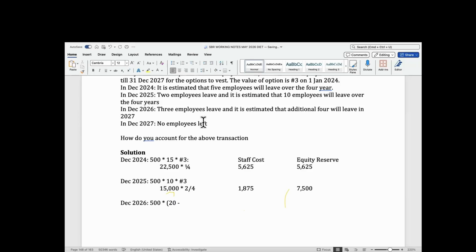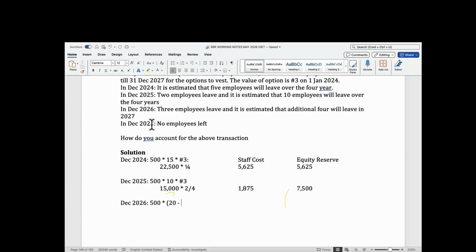Because what is in my mind, what is in the standard's mind, what an accountant should do at each year end is to ask how many employees should we provide for? How many employees will not leave at the end of 2027? Remember that we are giving these options to people in 2027. It's because of the accrual concept that we have to recognize it every year over the period.